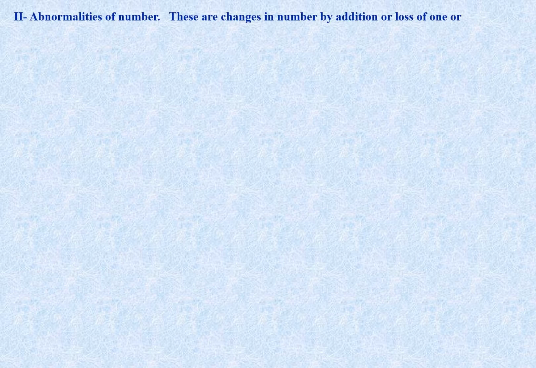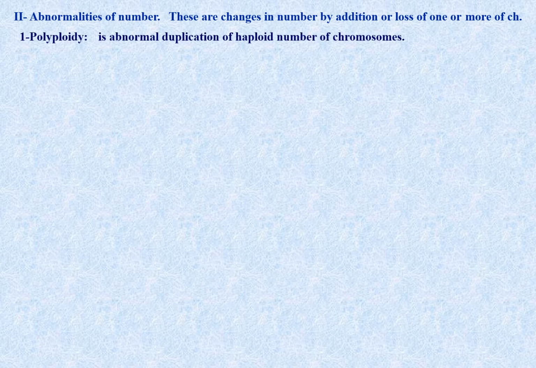Abnormalities of number. These are changes in number by addition or loss of one or more chromosomes. Polyploidy is abnormal duplication of the haploid number of chromosomes. Normally, the number of chromosomes in a somatic cell is double the haploid number, 2n.